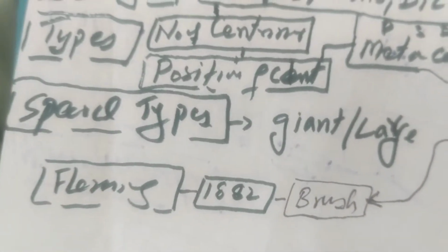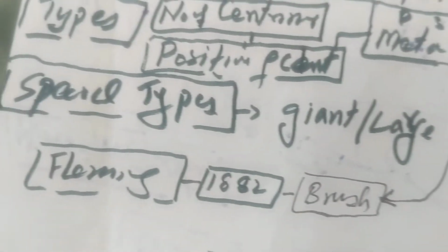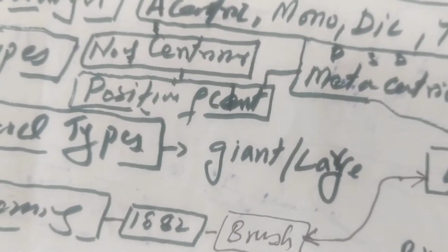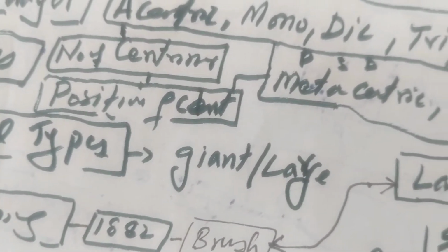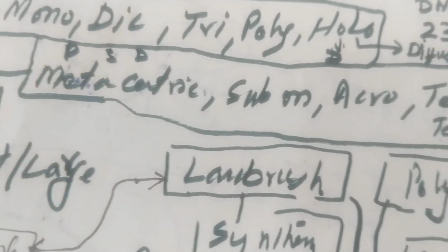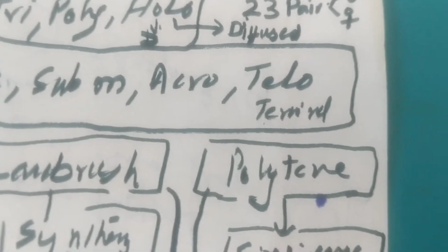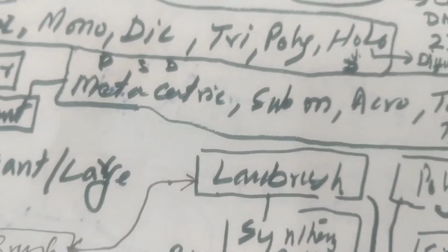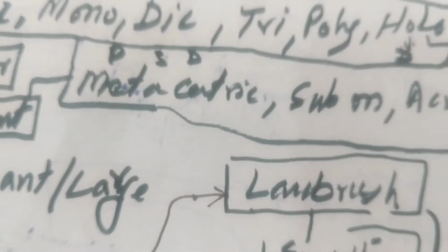So the next is the types of chromosomes based on the position of the centromere. It may be metacentric, submetacentric, acrocentric and telocentric. Metacentric is the chromosome where the centromere is present in the middle. It is V-shaped and both arms are equal.